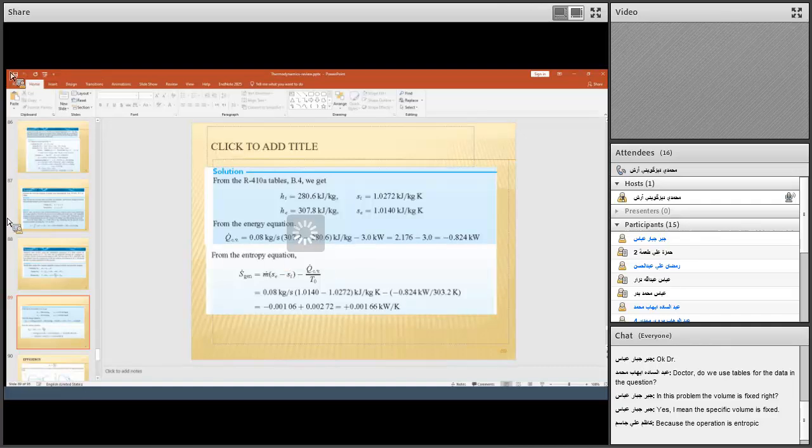That finally equals plus 0.00166 kilowatt per Kelvin. This is the entropy generation of the compressor. Any question?